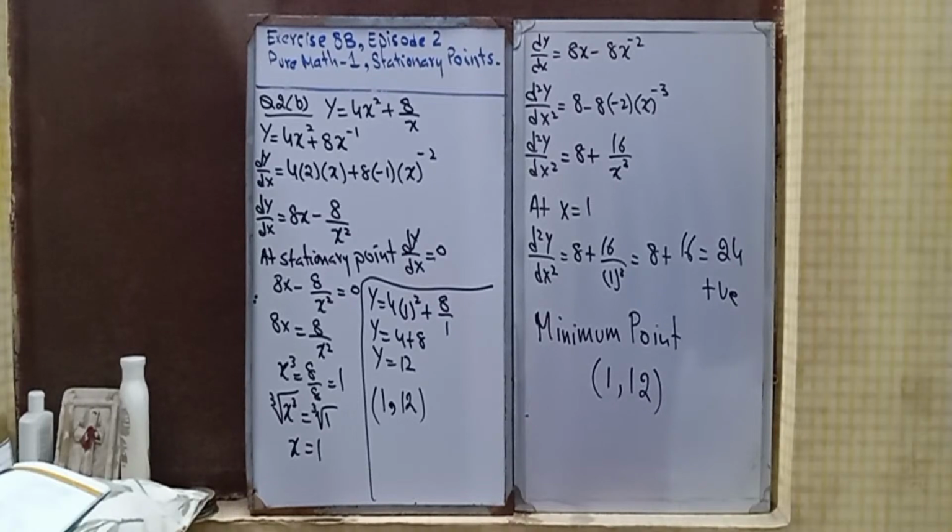So let's go to the next question. The next question is question number 2, and it's C part. I hope question number 2, B part, is clear to you. Okay, so we are going to the next question.